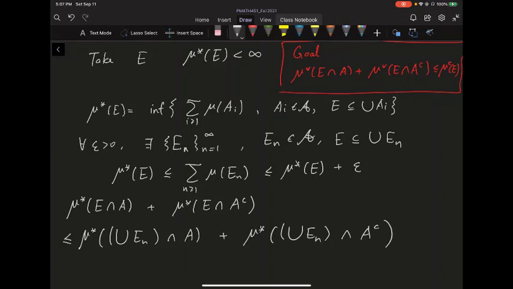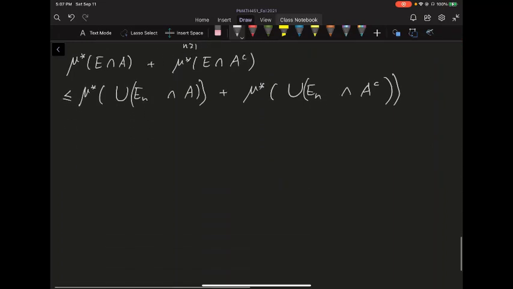And you may notice that when you take a union and intersect with this fixed A, essentially you can say, let's just take the intersection first and then do the union. So you can remove these brackets and make the intersection first. And now what do you have? Well, you have a countable union of sets, and mu star we know is an outer measure.